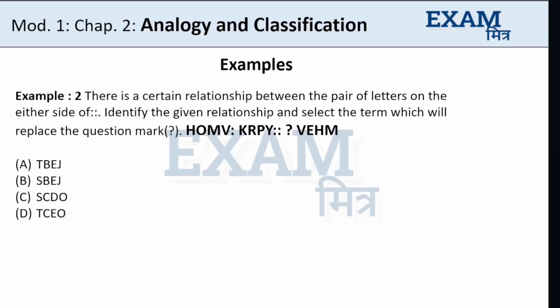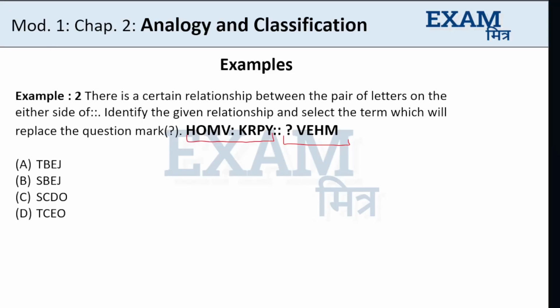Identify the given relationship and select the term which will replace the question mark. Okay, so we can see this is the given pair. We need to find the relationship between these two and then we will have to apply the same relationship with the second pair. So let's see how we can do that.